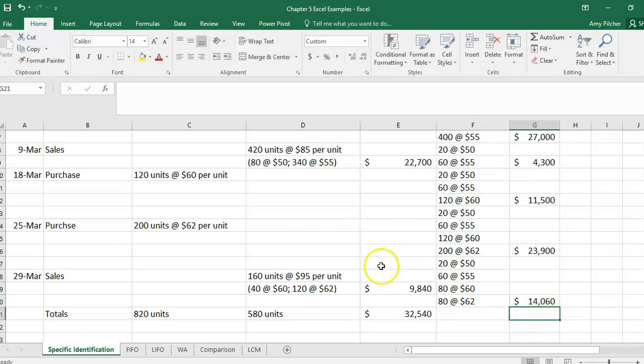So with specific identification, in the month of March, we have total cost of goods sold of $32,540 and total ending inventory of $14,060.